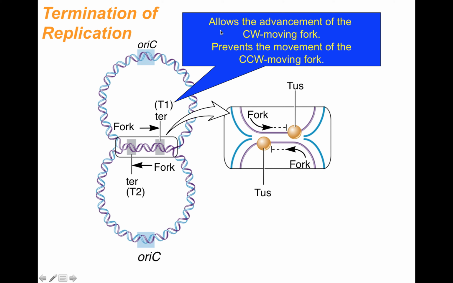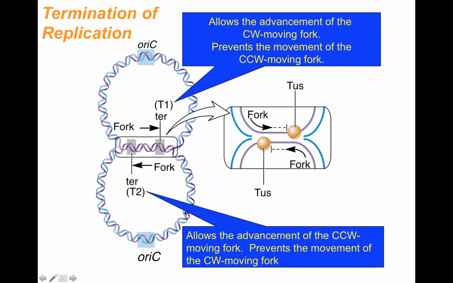These proteins allow the advancement of the clockwise moving fork and prevent the moving of the counterclockwise moving fork. This sequence right here with the protein bound to it, and the same is true for the opposite. This allows the advancement of the counterclockwise moving fork and prevents the moving of the clockwise moving fork so that they don't run into each other.